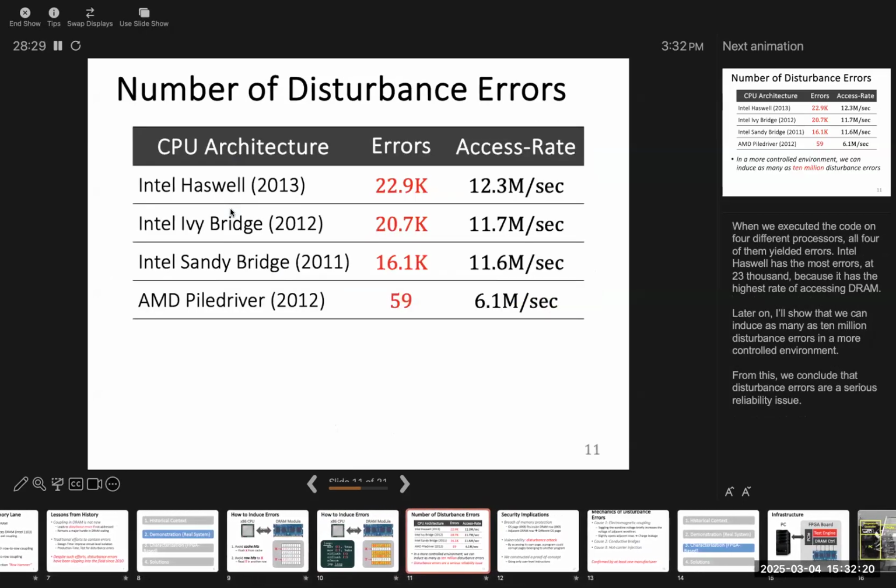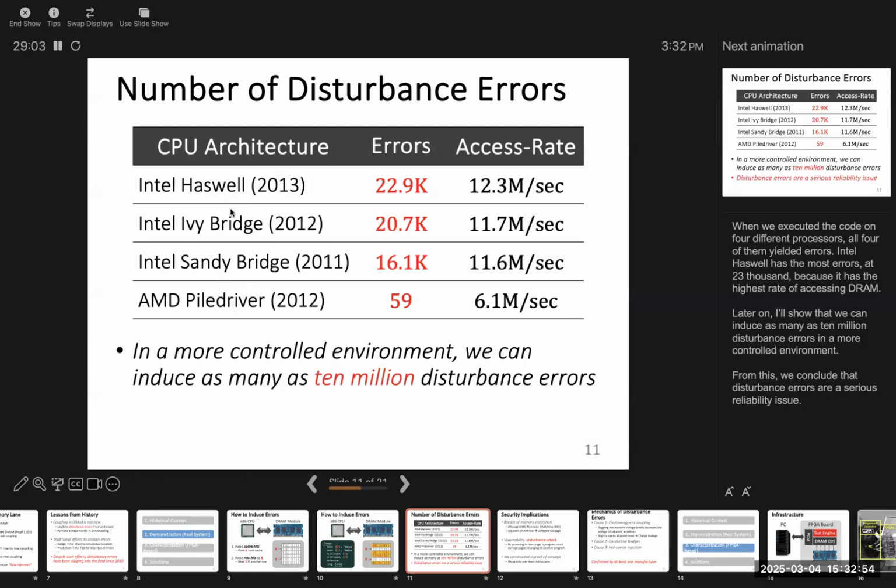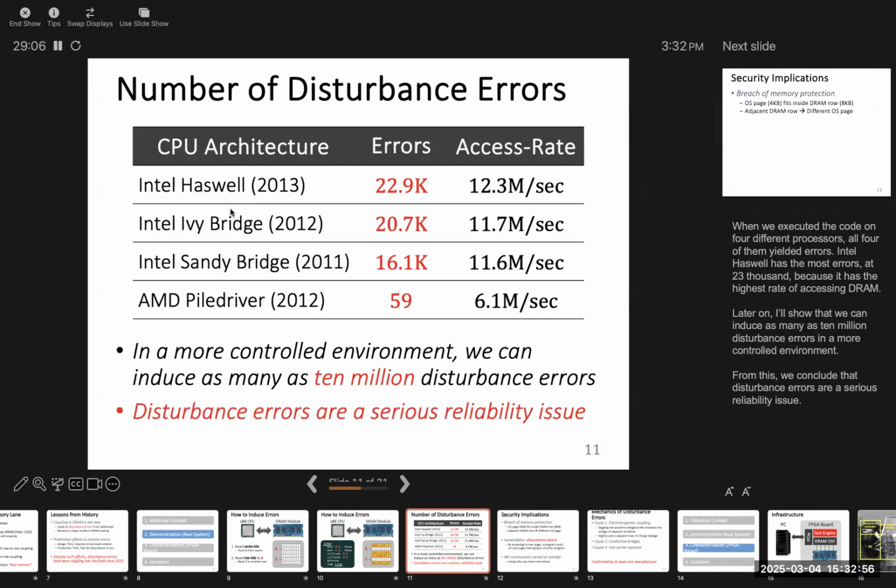So they did experiments with different kinds of systems. They used 3 different Intel processors and 1 AMD processor, and they found that they were able to induce a huge amount of bit flips in all of the experiments.